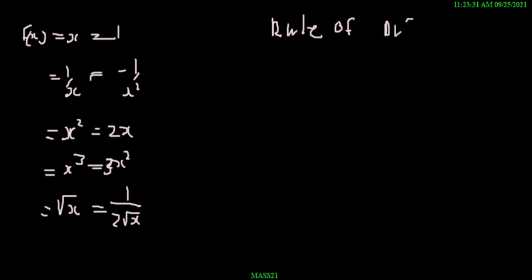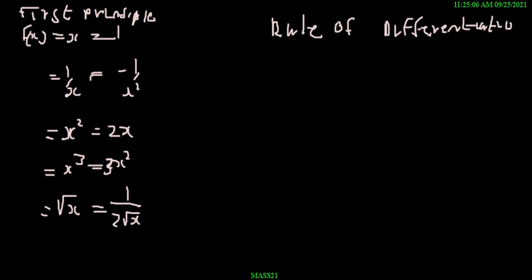So for example, this one, we found the derivative of x was equal to 1 using the derivative method, or using the first principle. We used the first principle to find this.